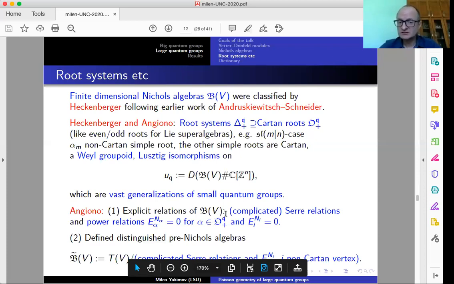This is for the Cartan roots, so think about even roots, together with relations for the simple roots, e_i raised to the power n_i equal to 0.